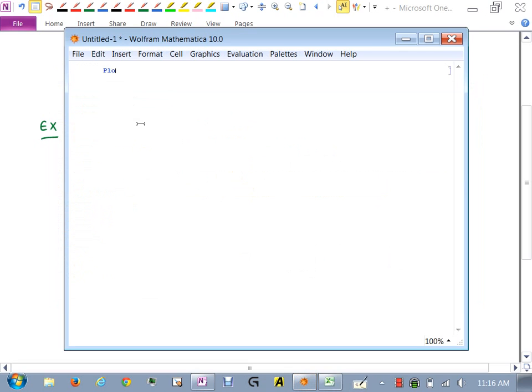We'll take a look at it first, although that's not going to help us find the length. We want it on 0, 3.